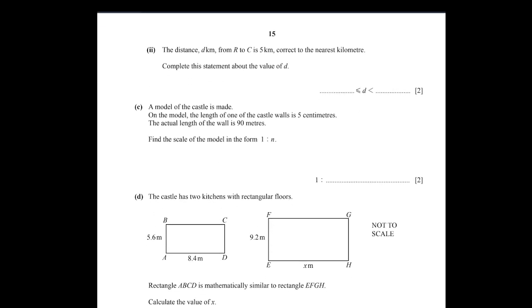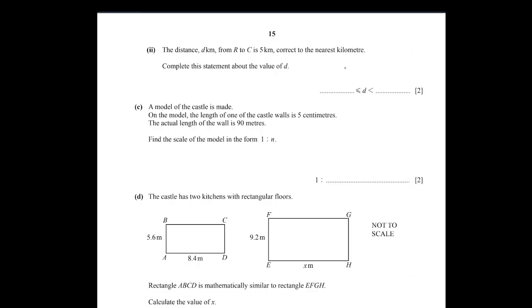The distance d kilometers from R to C is 5 kilometers, correct to the nearest kilometer. Complete the statement about the value of d. Okay, you need to write the upper and lower bounds of this 5.